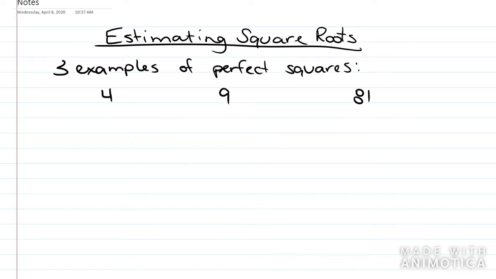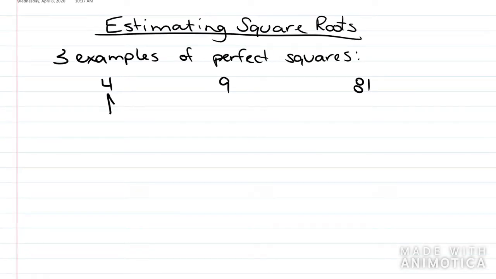And remember, we figured out last time how to figure out their square roots. We could do things like do the prime factorization and figure out what it was. We could use our calculator. But what are the square roots of each of these?